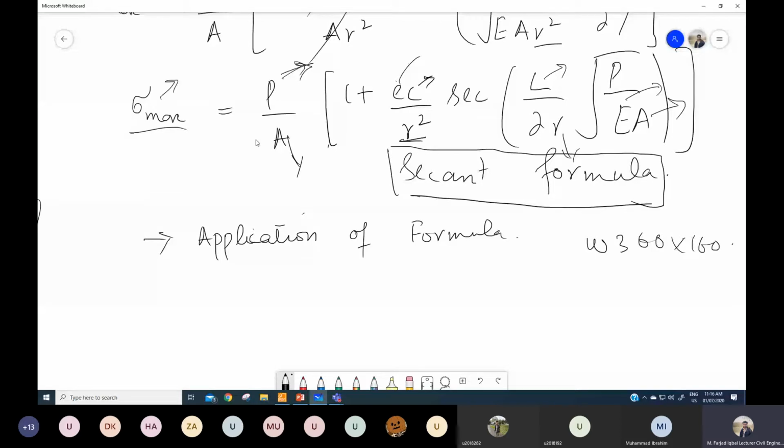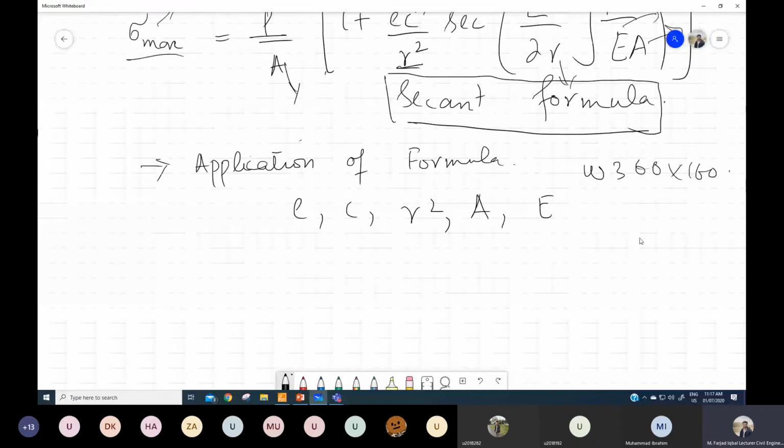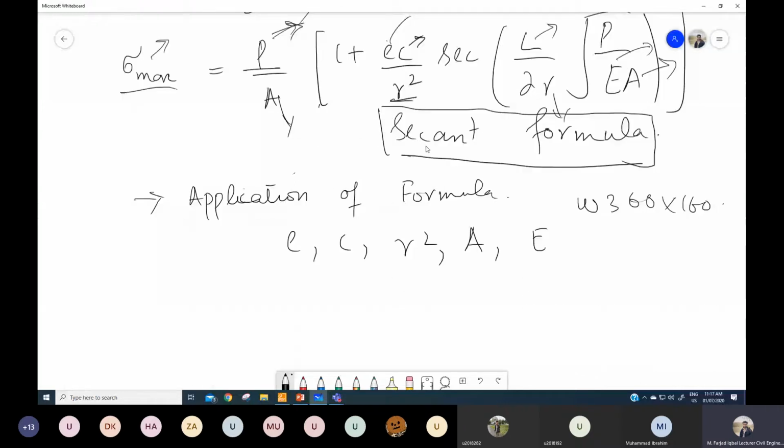So if you have been given this e, c, r square, A and E, these factors will be given in all the cases. But the second thing is, if you have been provided this load P, then this equation is quite simple to use. You just simply replace this load P into this equation and all other factors, and you can directly compute this maximum stress, right?